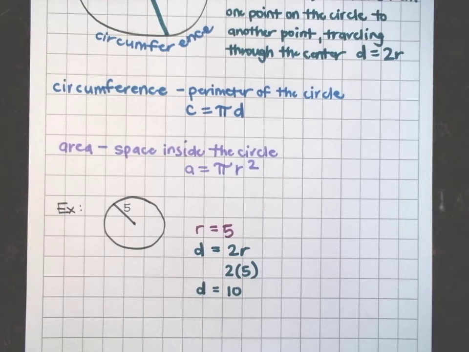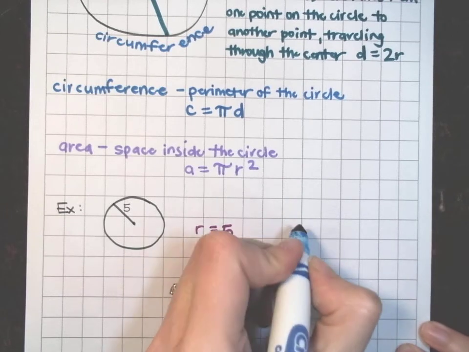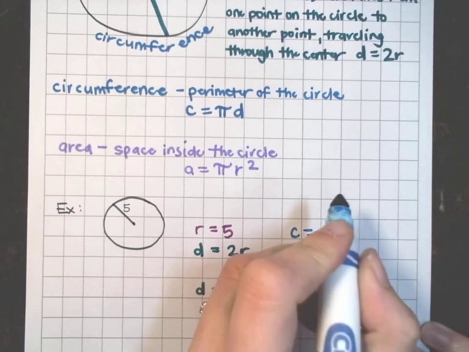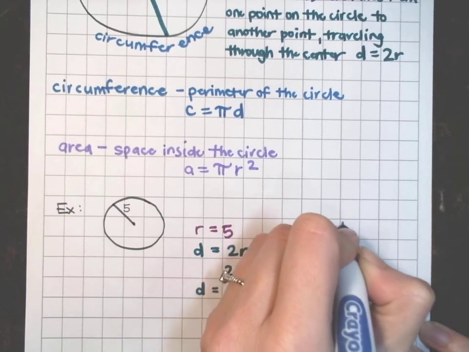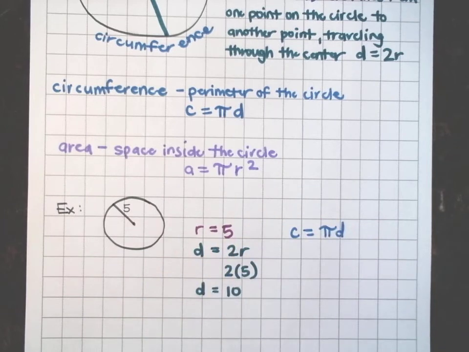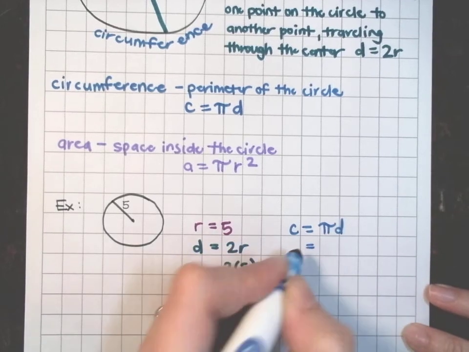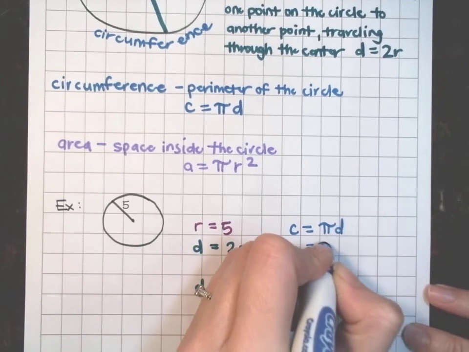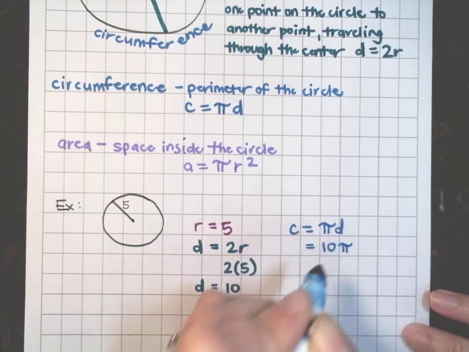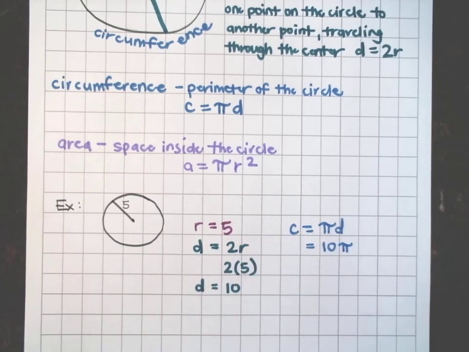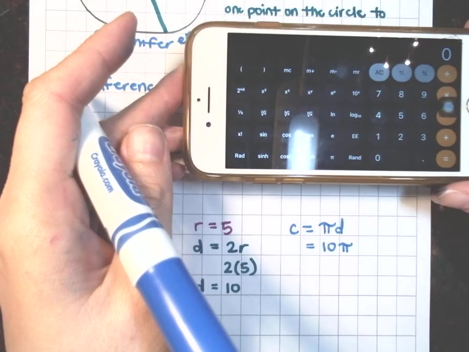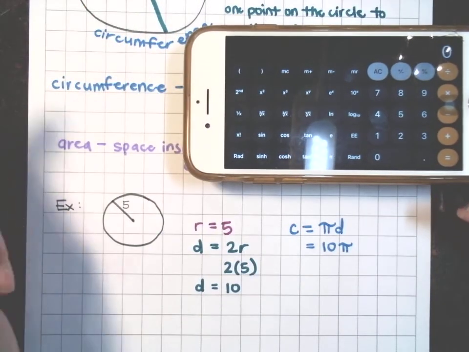So now that we know the radius and diameter, we can find the circumference because that is pi times the diameter. And so our diameter is 10 times pi. And then we can take out our calculator. So just the one on your phone will work.